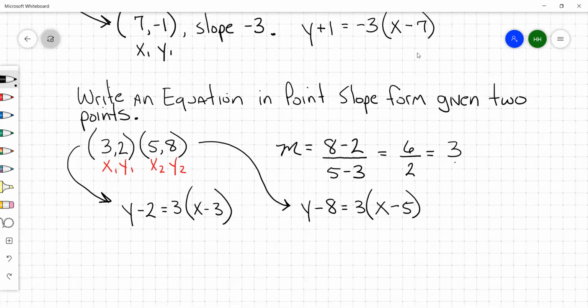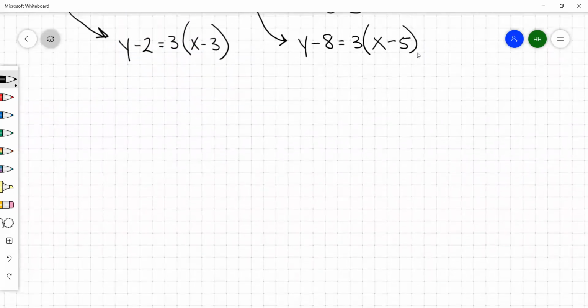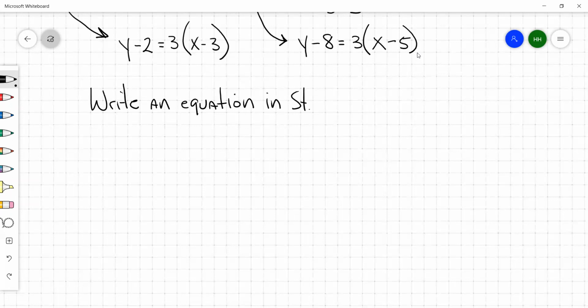All right, now we're going to write an equation in standard form.